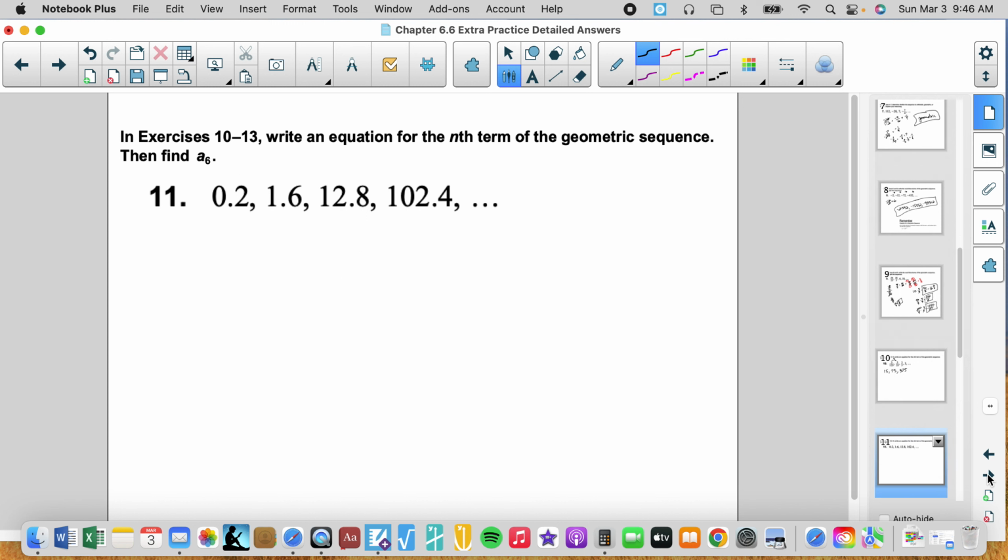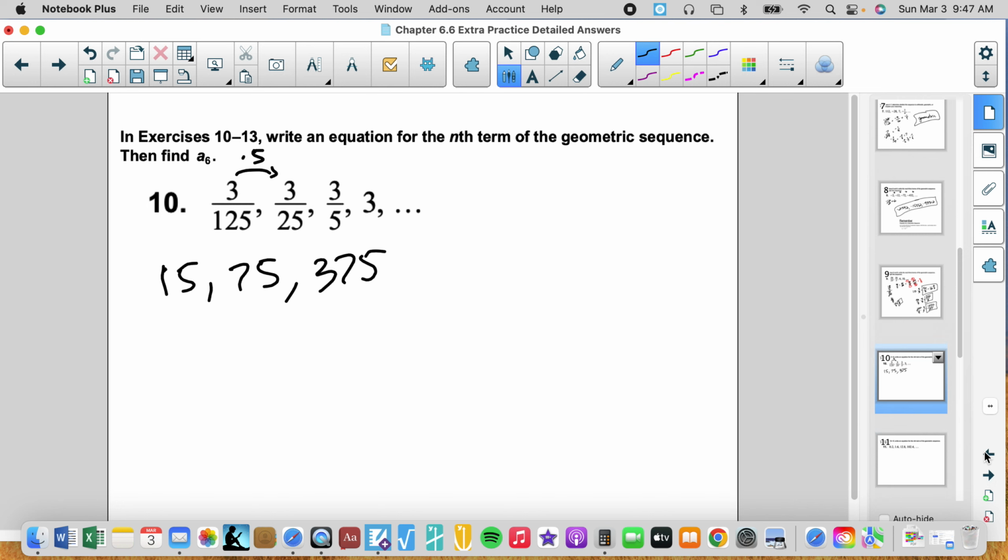So we can look at them, right? Oh, whoops. Write an equation for the nth term of the geometric sequence, and then find a6. Sorry. All right, I did need to find my ratio, which is 5.